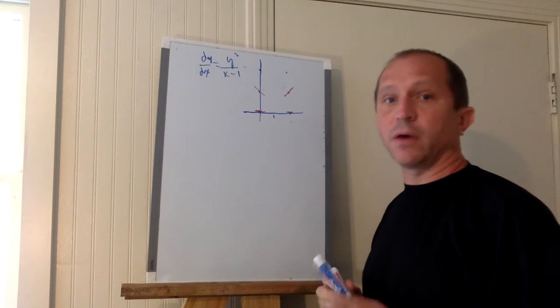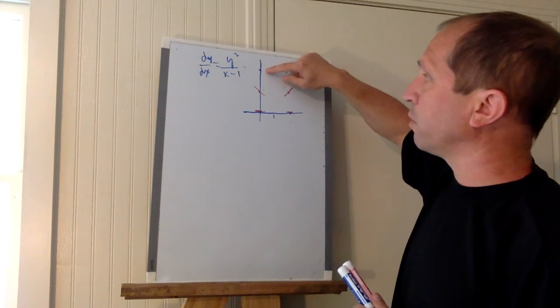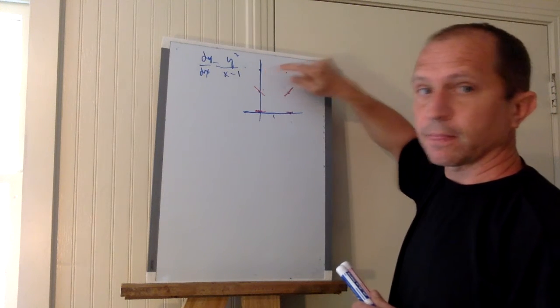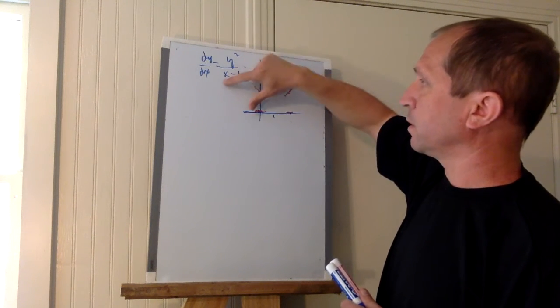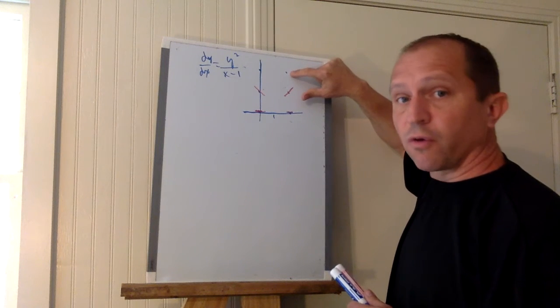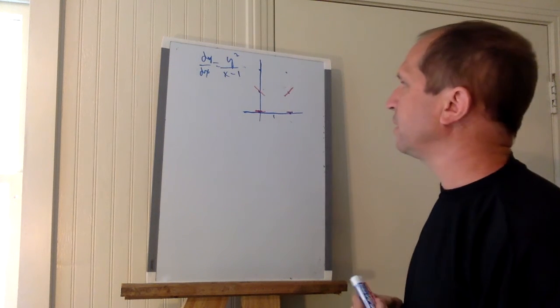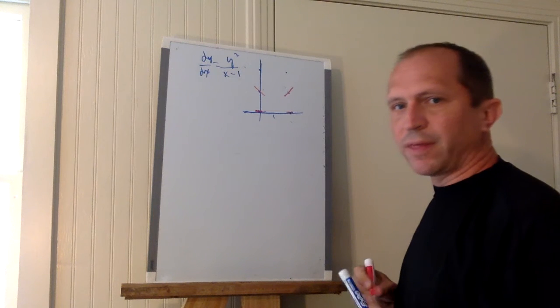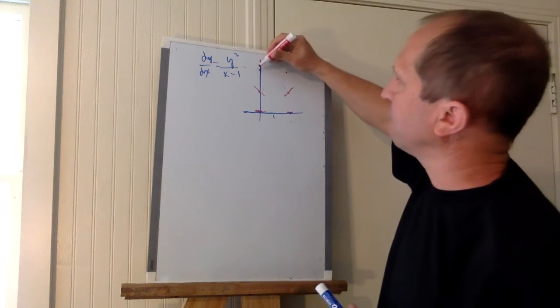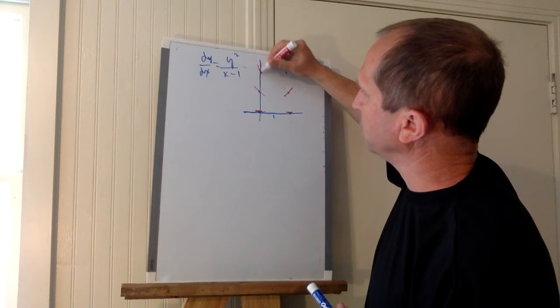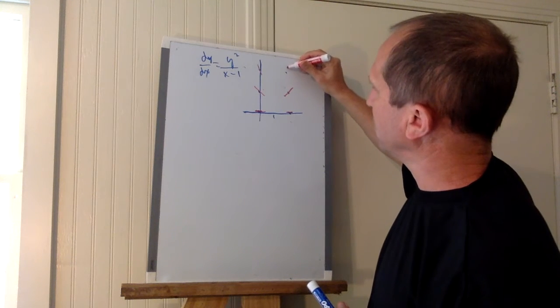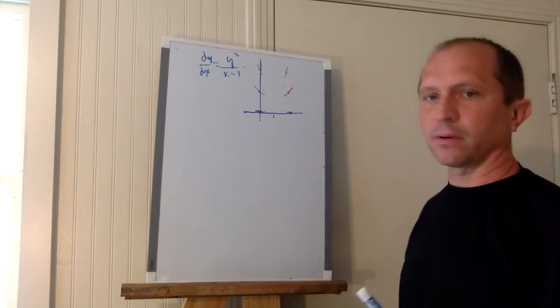Now, you go up to 2, this becomes 4 over negative 1. And this becomes, again, 2 squared over 2 minus 1, so 4 over positive 1. Now, you don't have to worry that much about the slope being exactly negative 4 and exactly positive 4. What you would just want to do is show that it's definitely steeper than that.